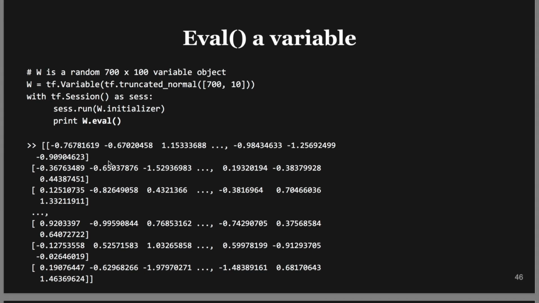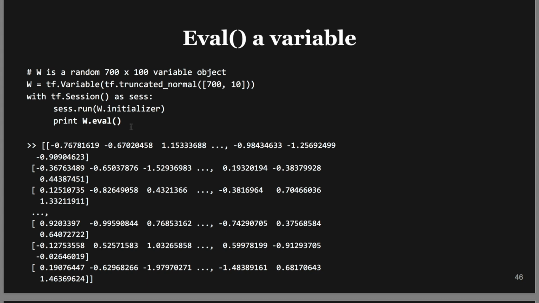The way to get the value of a variable is to call this method called eval on it. For example, if w is a tf.Variable and you do want to run the initializer, and the initializer op, as we just discussed, comes bundled with the variable. So once you do session.run w.initializer, now if you want to print w, what you would want to do is to call w.eval.